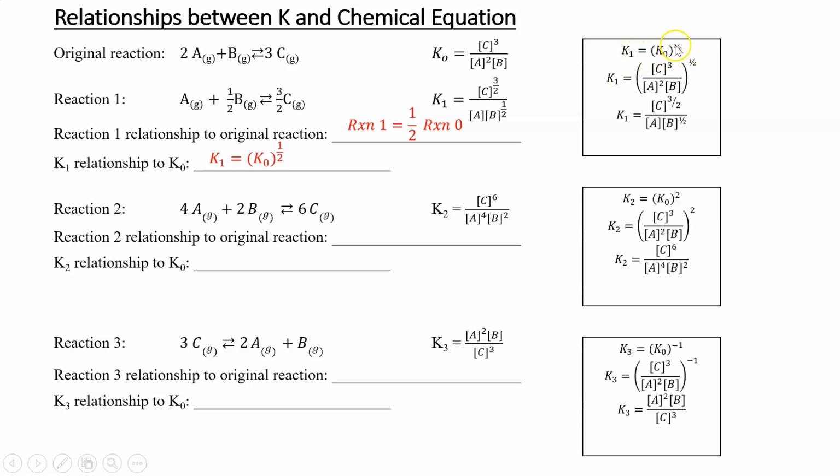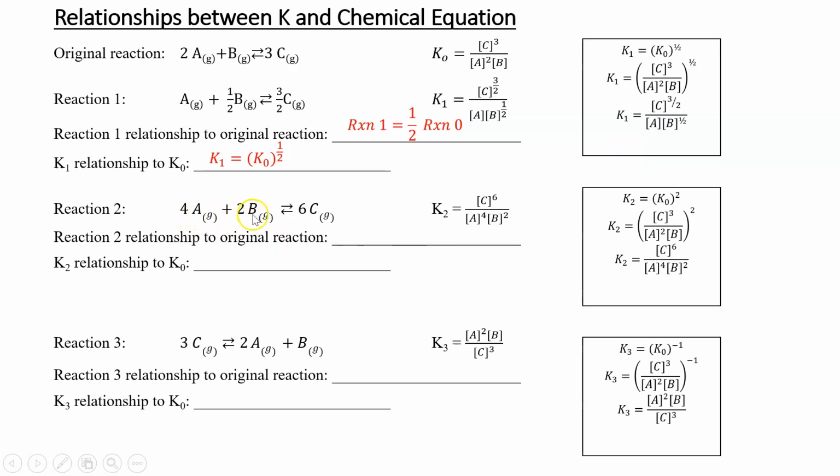K1 is K0 to the 1/2 power. If you raise something to the 1/2 power, your exponents are multiplied by 1/2. So we end up with C to the 3/2, A to the 2/2, which is just 1, and B to the 1/2.